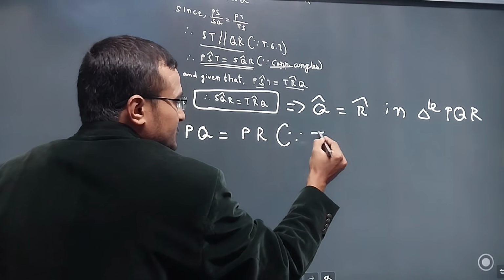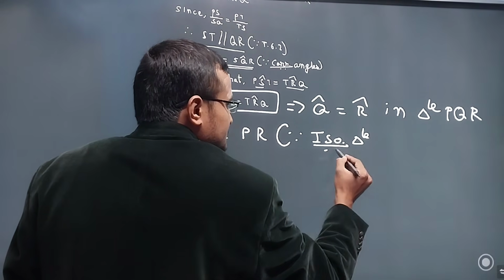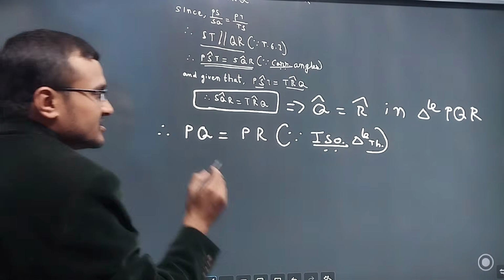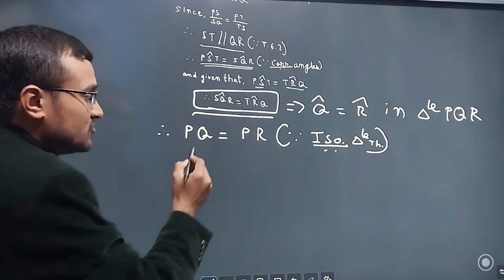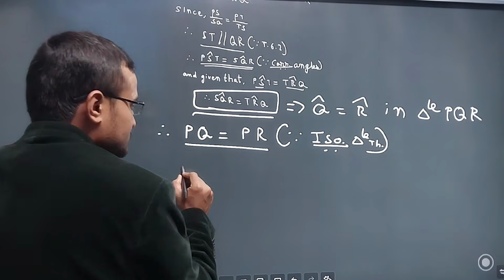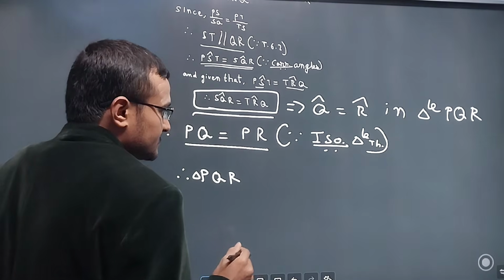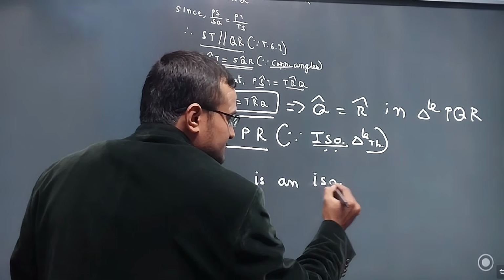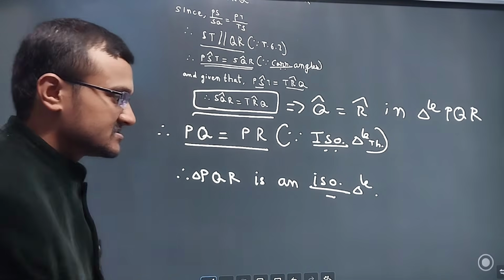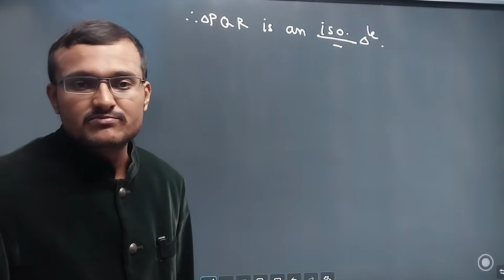This is according to the isosceles triangle theorem. So according to that, since SQR is equal to TRQ, we are getting PQ equal to PR. Therefore triangle PQR is an isosceles triangle. That is what they had asked to prove in this example 3, and we have proved that.